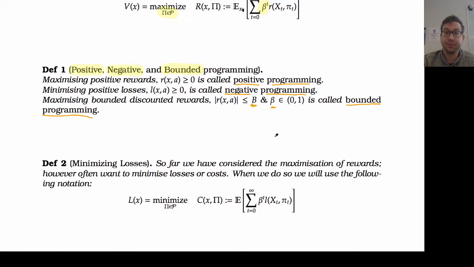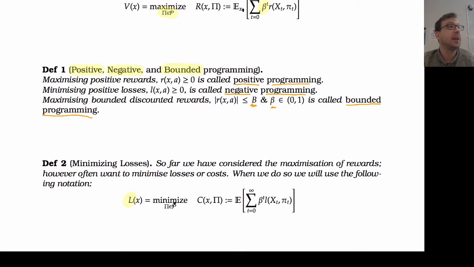If we're minimizing losses: so far everything that we've considered has been maximizing rewards. However, often we want to minimize losses or costs. And when we do this, we're going to use the following notation. L is going to be our optimal loss, the minimal loss.